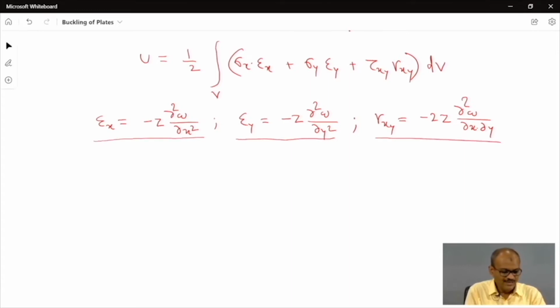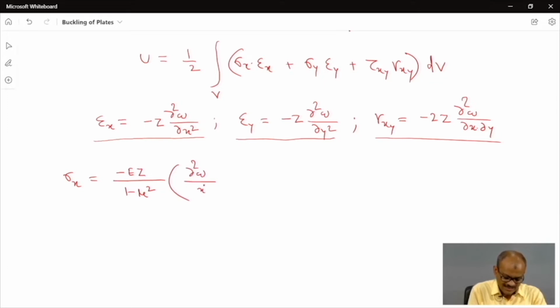Also, we had derived the stress in terms of displacement. Let me write that. Sigma x was minus Ez divided by 1 minus mu square into del square w by del x square plus mu into del square w by del y square.